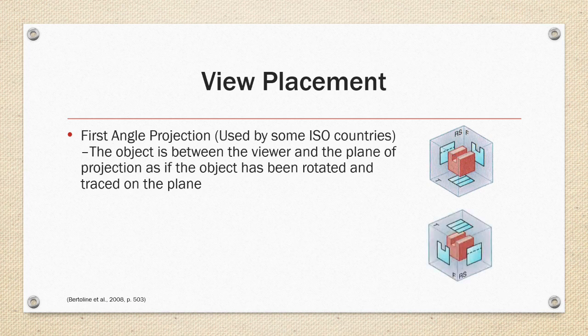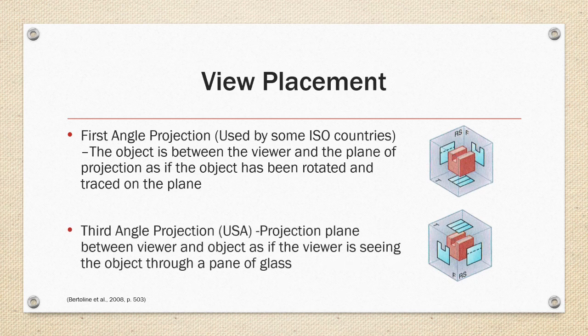The second method of view placement is third angle projection, where the plane of projection is placed between the viewer and the object and projected onto the plane. In this course, we will be working in third angle projection, which is the method accepted in the United States. But be aware that if you are viewing a drawing that is not of domestic origin, some countries use the ISO standards for first angle projection.